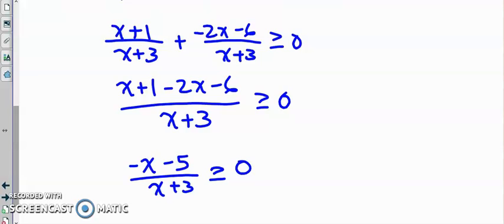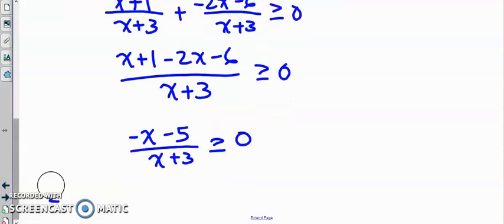So now step 2 says that we're going to solve this out. Now, the step 2 for a rational function is different than the step 2 when it comes to a polynomial function.